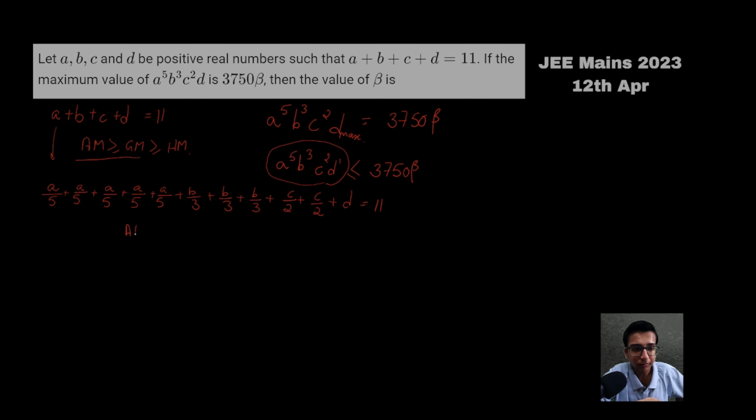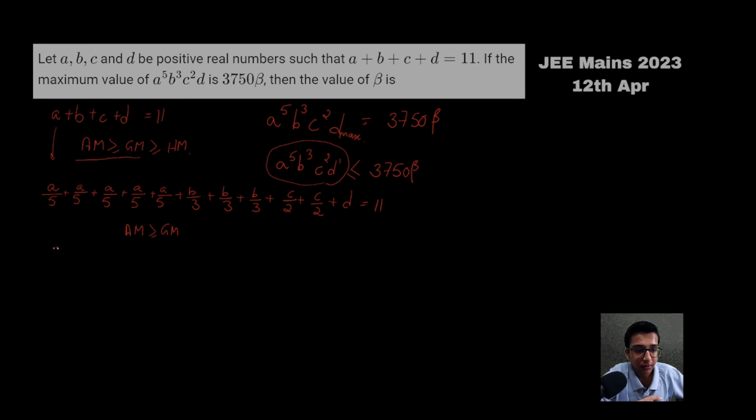inequality, AM greater than equal to GM. So the arithmetic mean of these numbers would be, let us take these numbers for example. Here we are considering that we have 11 numbers in total.